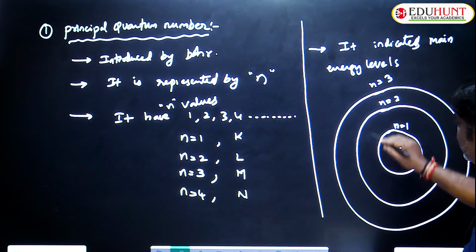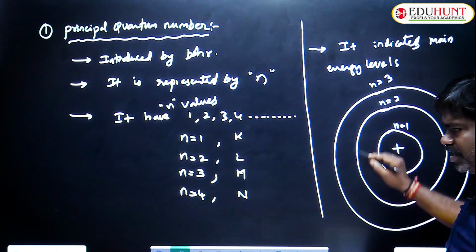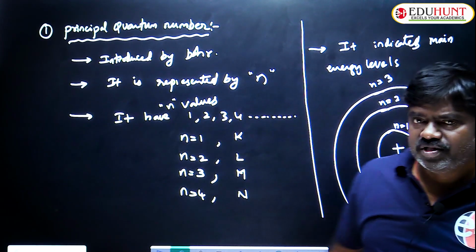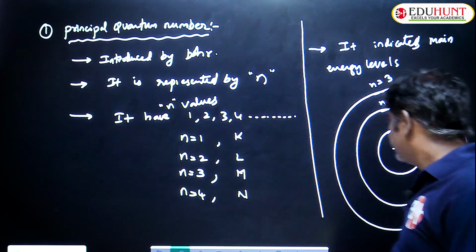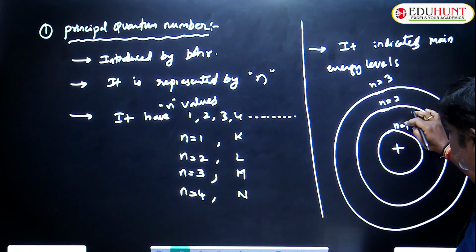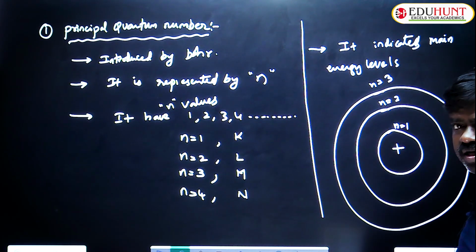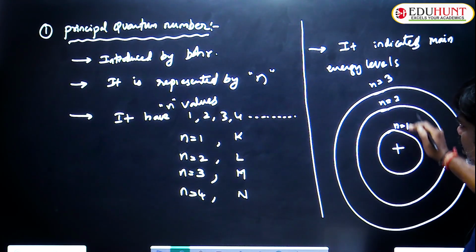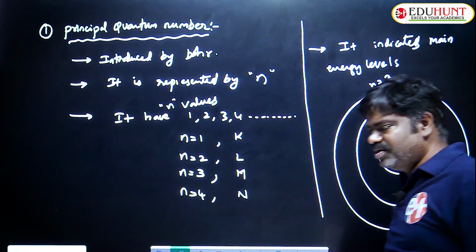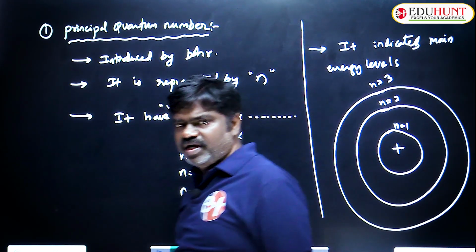If n is equal to 2, this is the shell radius, and so on for n is equal to 3. With increasing n values, the shell numbers increase, and the size of the atom increases.